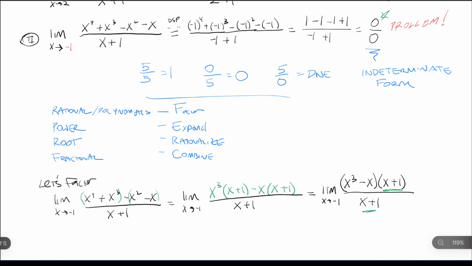All right, so here we go. We can factor out this x plus 1 in the numerator, bam. Denominator, bam. Why can I cancel them? Because if I can cancel those, technically I could cancel these, right? Well, the reason why we can cancel these down here and not up here has to do with what a limit is all about. What a limit is about is what happens near -1, not at -1.